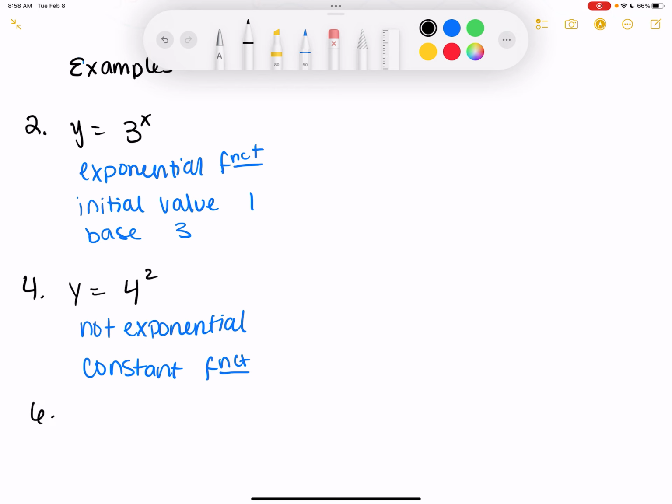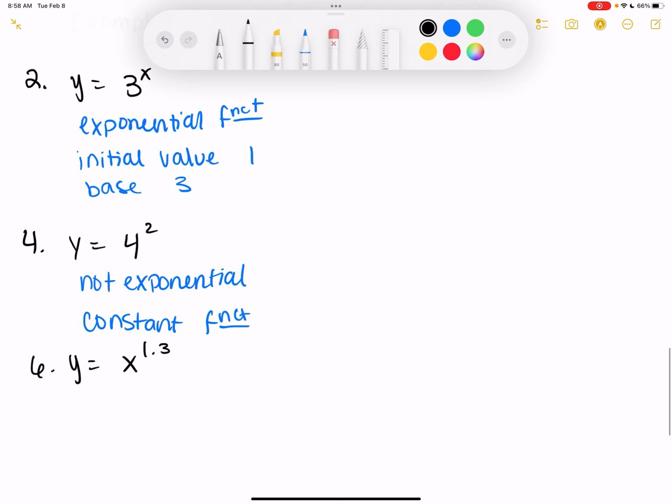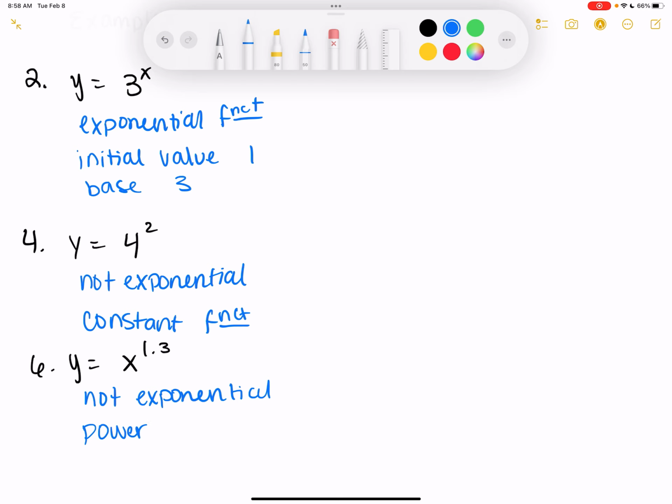Same instructions. Y is equal to x to the 1.3. Is this exponential? Why not? Because the exponent is not a variable. It's 1.3. So this is a power function.